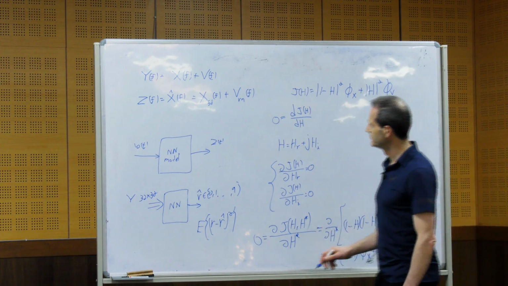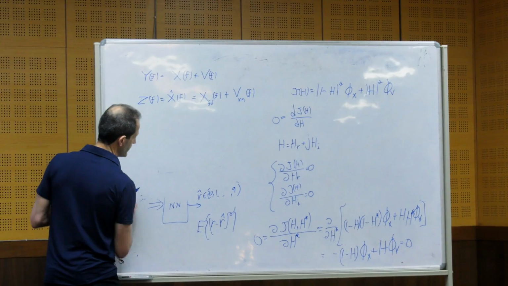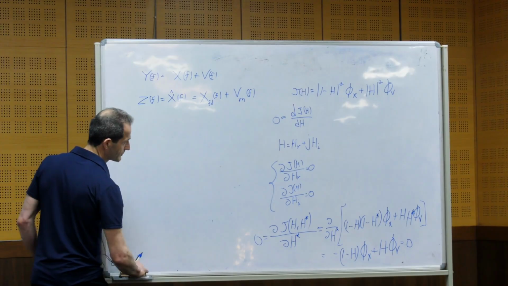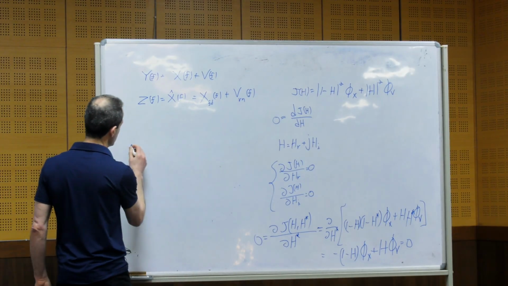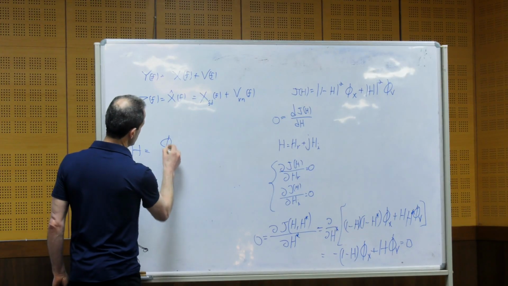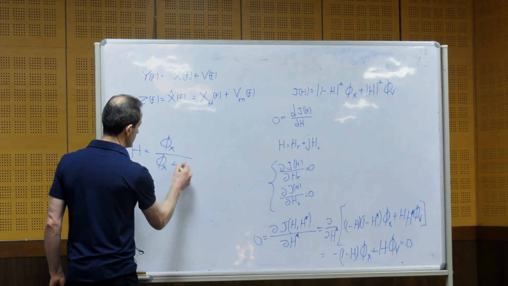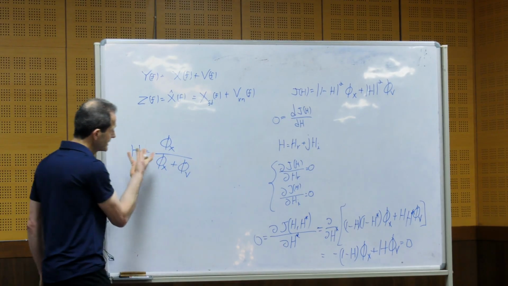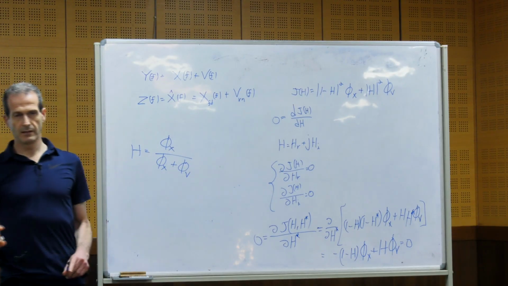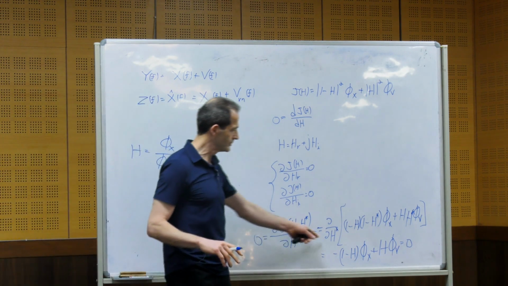I will write it here. Very easy, and remember that generally it's complex, but here I get for this problem a real number. So we get h equals phi x divided by phi x plus phi v, which in this case is a real number, but I didn't make that assumption. I just found the derivative and equated it to 0.